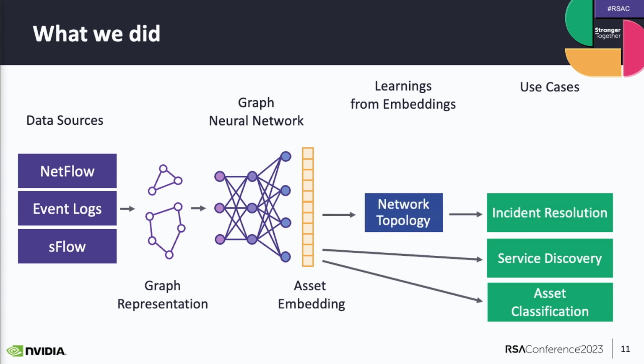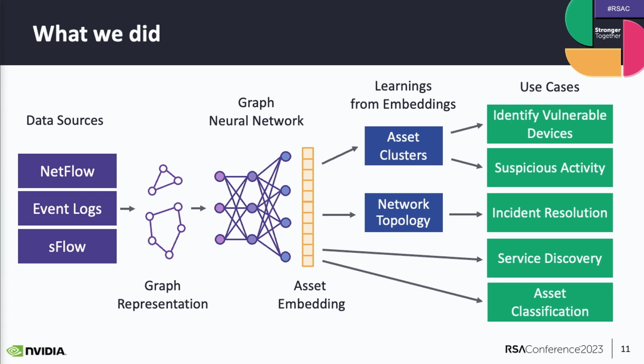If we use these embeddings together with the network topology, we can try to understand the impact radius of any incident and then aid in its quicker resolution. And finally, if we use these embeddings as input to the clustering module that divides our assets into different groups, we can identify vulnerable devices and detect suspicious activity. I'll talk about this particular use case later in the presentation.